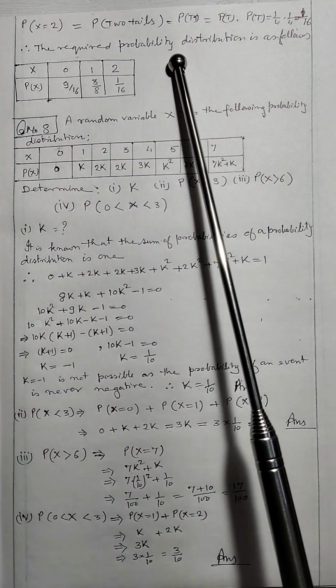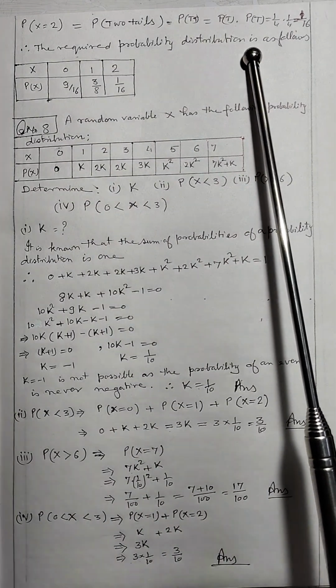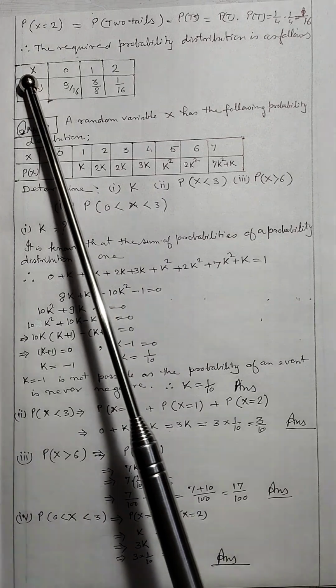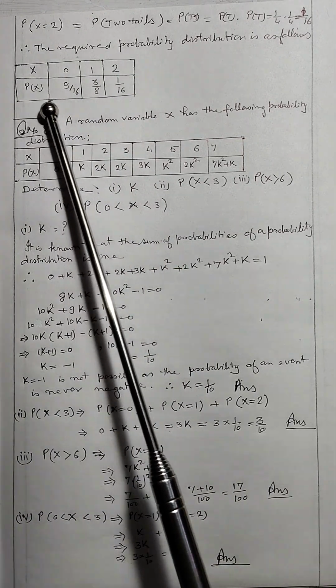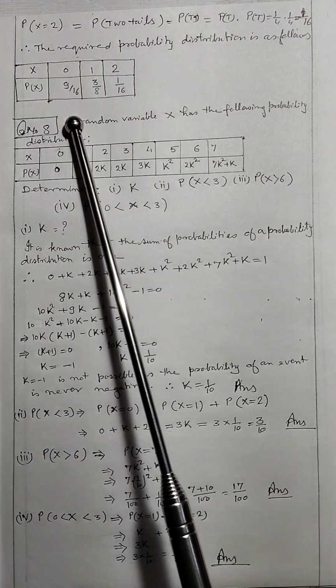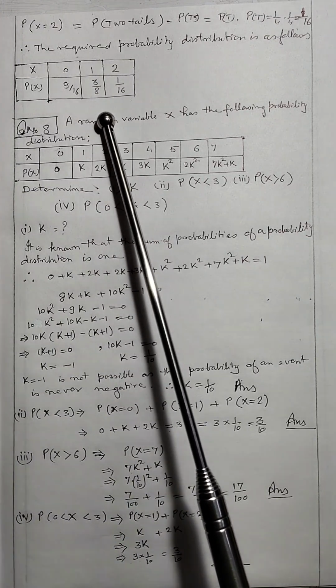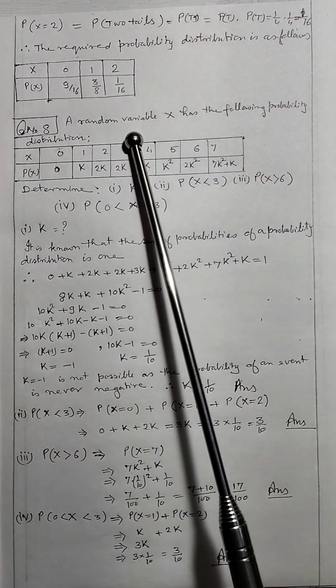Therefore, the required probability distribution is as follows: x is 0, 1, 2 and probability of x corresponding values will be 9 by 16, 3 by 8 and 1 by 16.